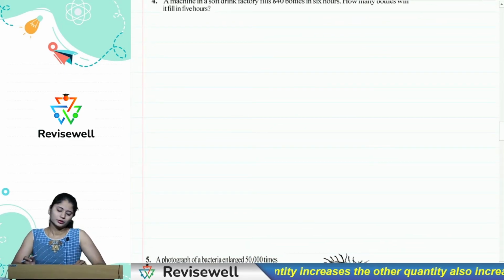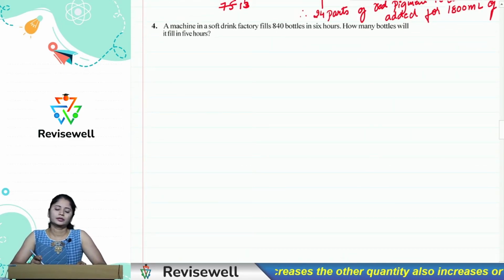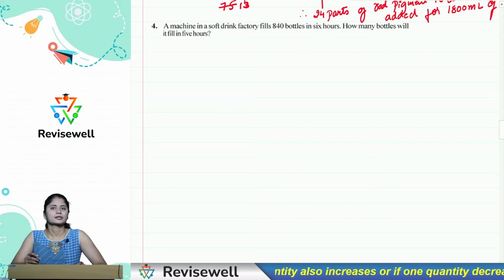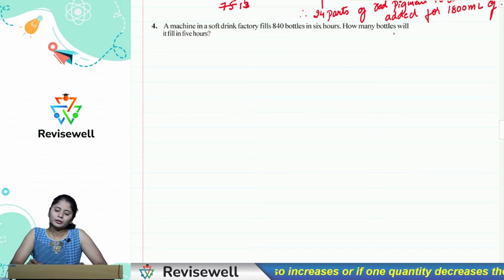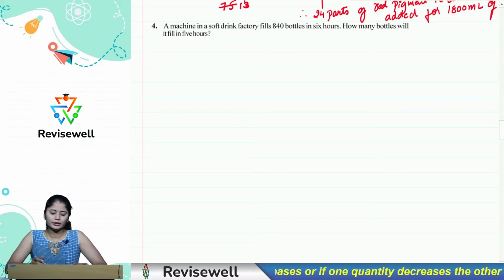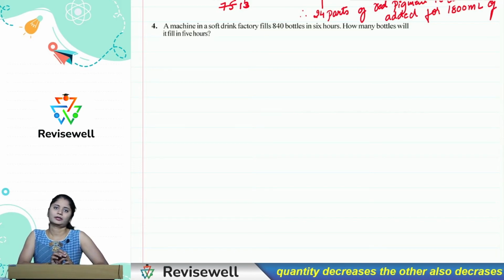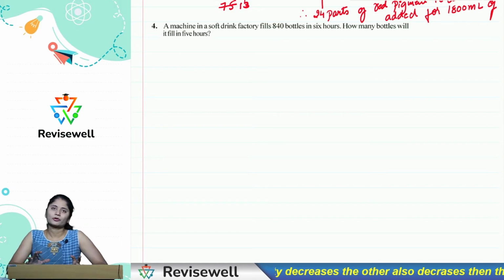Hope you understood. A machine in a soft drink factory fills 840 bottles in 6 hours. How many bottles will it fill in 5 hours? Okay, there is a machine in a factory which fills 840 bottles in 6 hours.